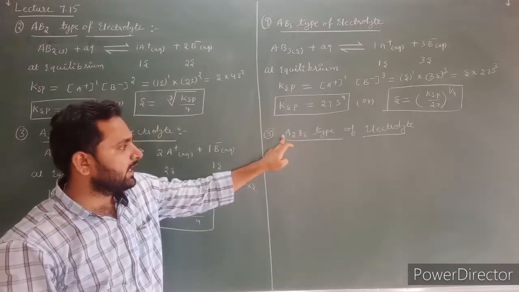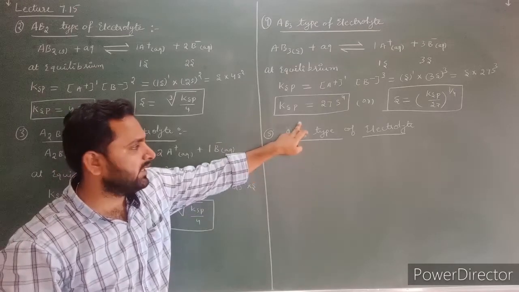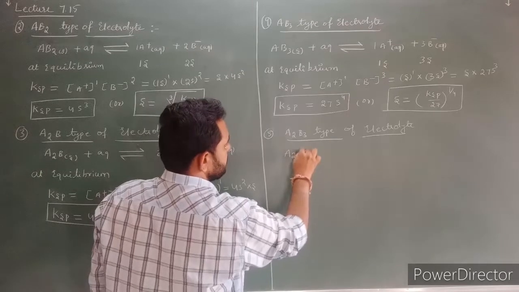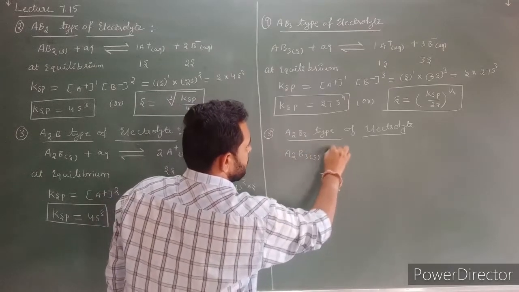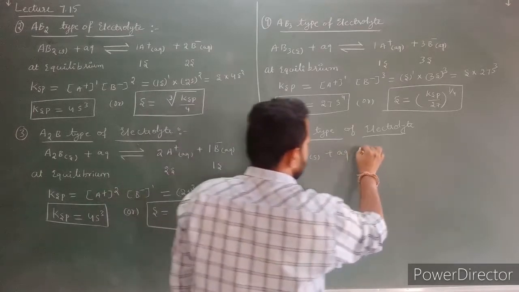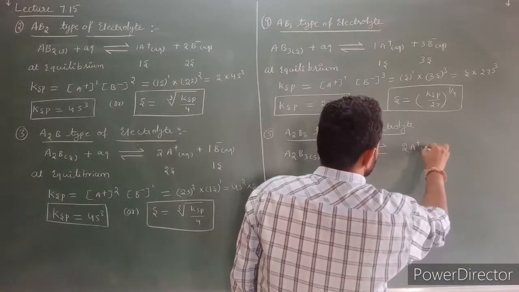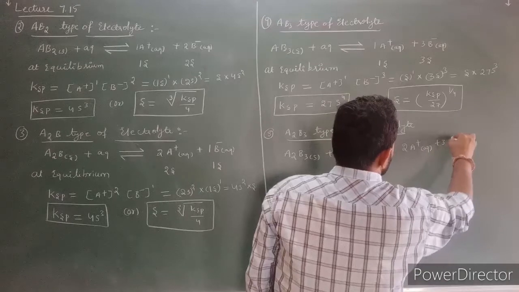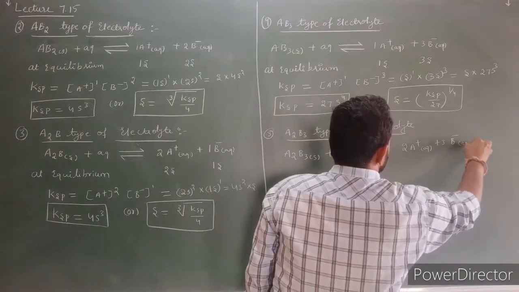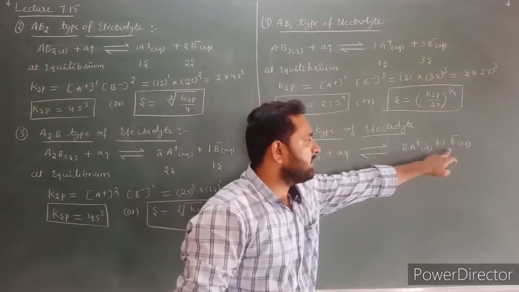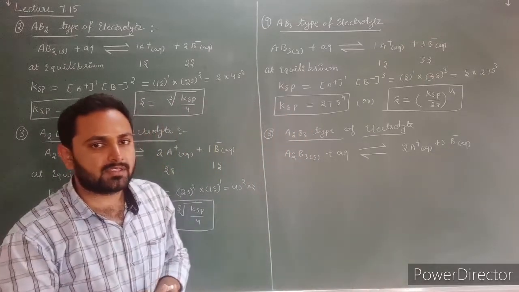For 2 A atoms, there are 3 B atoms. When A2B3 type of electrolyte is dissolved in water, then it is dissociated into 2 moles of A plus ions and 3 moles of B minus ions. Now let us write solubility for A plus ions and B minus ions at equilibrium state.